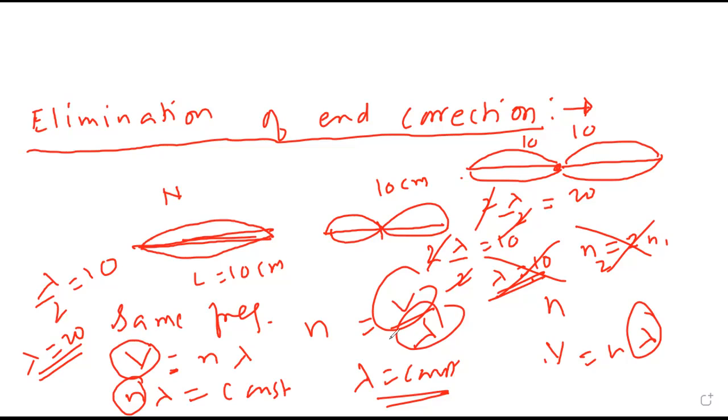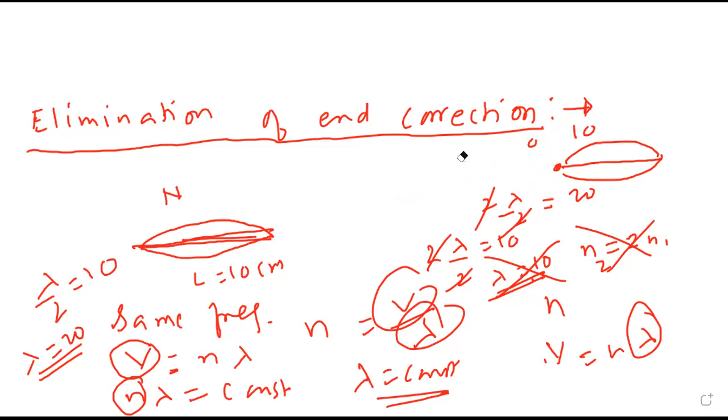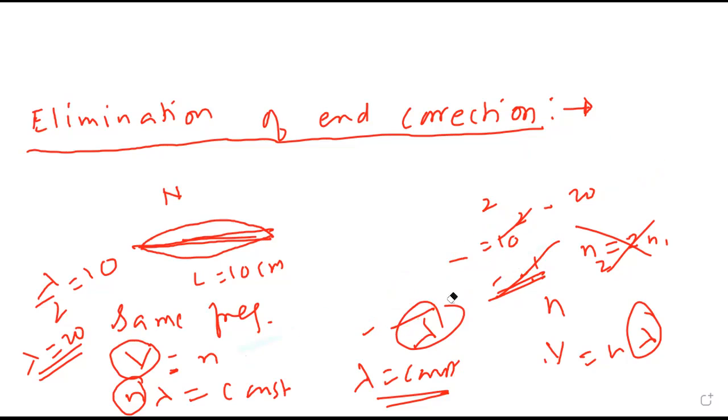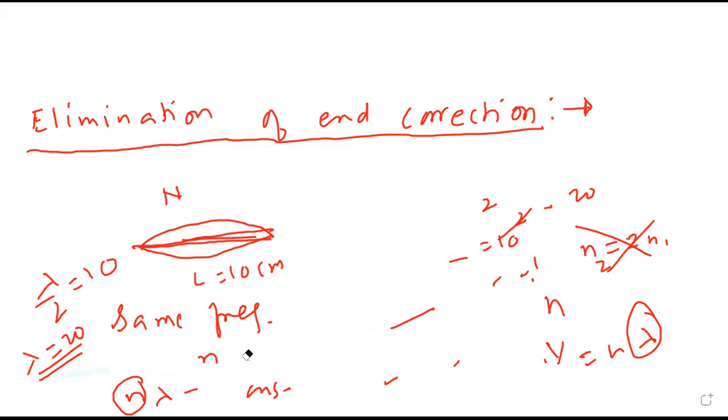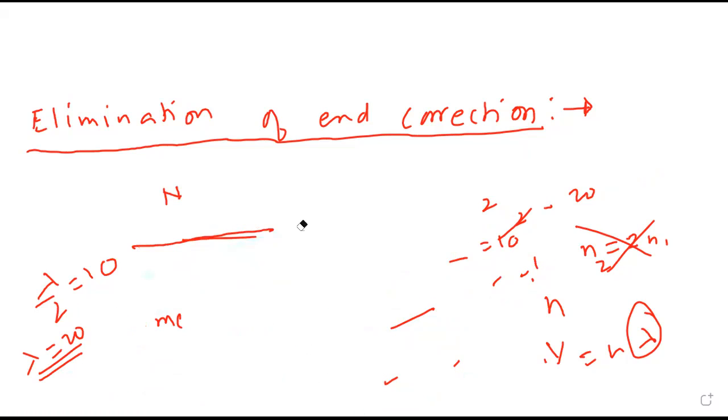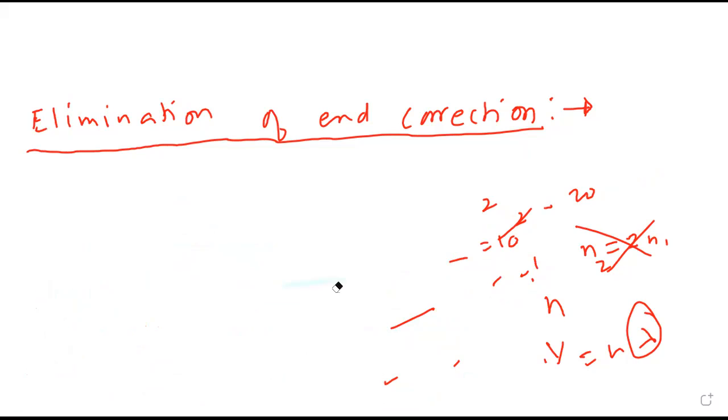Keeping this in mind, let us see how to eliminate end correction. When you increase the loop, length also increases simultaneously. So the wavelength does not change, no matter how many loops. Three loops, triple length, so the length of one loop is the same as before. Got it? Heading: elimination of end correction.